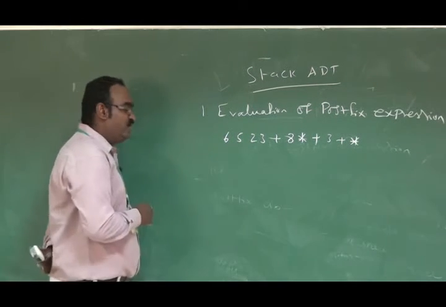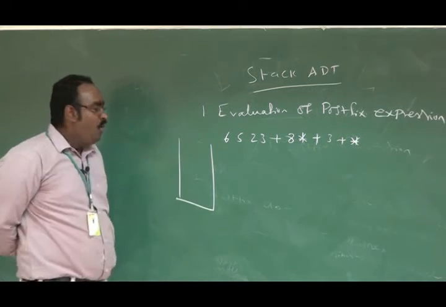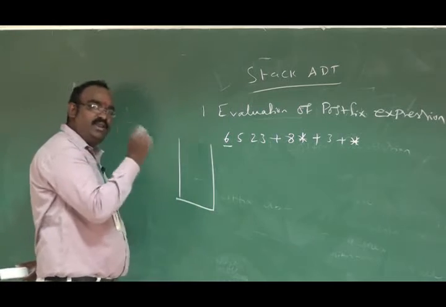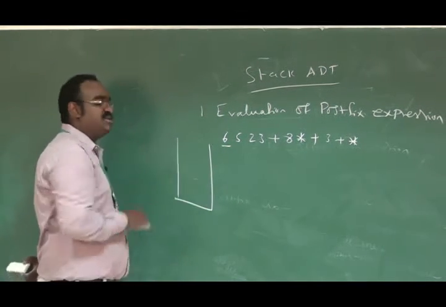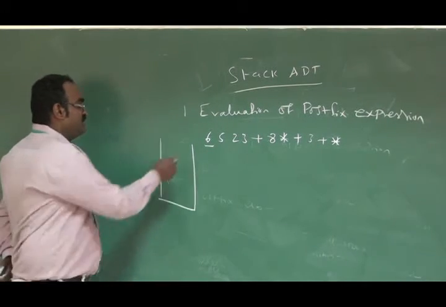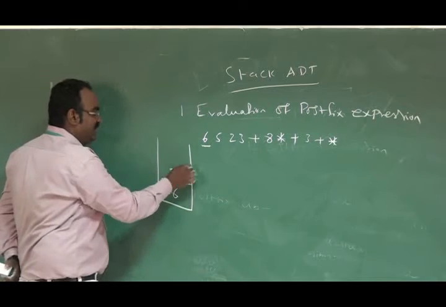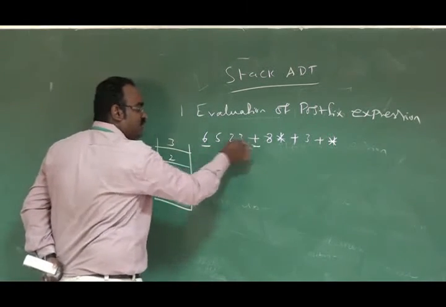We implement this via a stack. Reading from the first position, every operand has to be pushed into the stack. Push is the insertion. So first 6 is inserted, then 5, then 2, then 3. Now the compiler reads the operator plus.